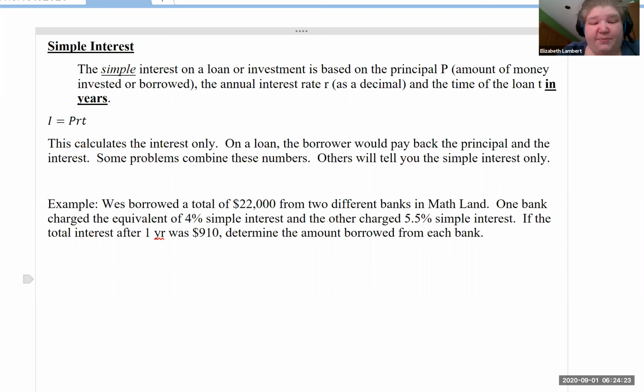And you can see, because up here, the total he borrowed is 22,000. So yeah, 22,000 is not included in 910. Other problems, it may not be so obvious, especially if it's realistic. The amount of interest you pay on a mortgage over the life of the mortgage is somewhere between like 1.5 and 2 times the value that you originally pulled.